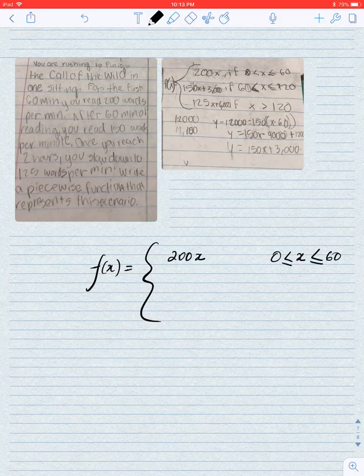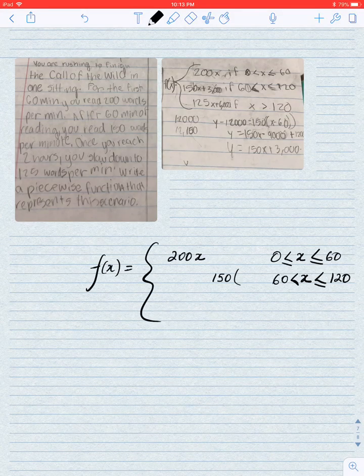Now, the second part of the function: anything you're reading after the first 60 minutes, so the number of minutes greater than 60 but less than or equal to 2 hours, which is 120 minutes, you're going to be reading at the rate of 150 words per minute.